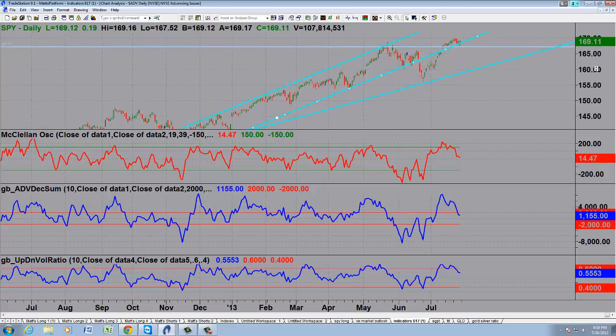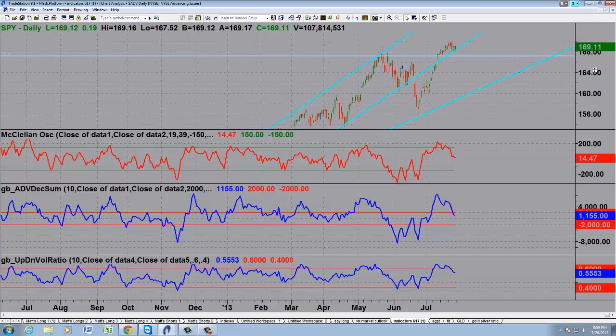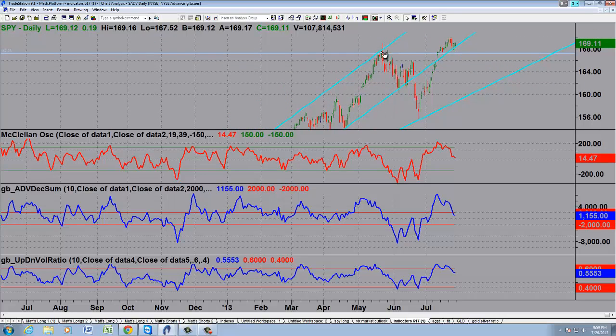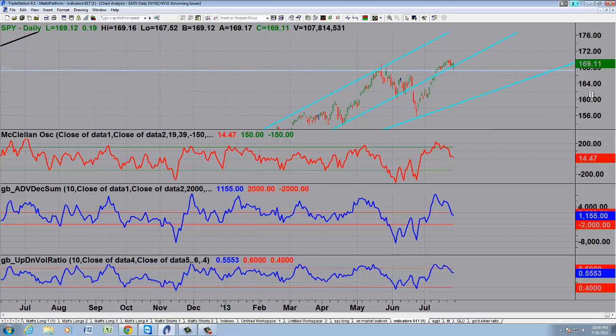Now your key point to watch off of this key reversal pattern, or what we call the glass ceiling pattern, would be about the 167.50 level. You can see on a closing basis, we have not been able to close beneath that level. So we're locked inside this trading range until we take out those highs.